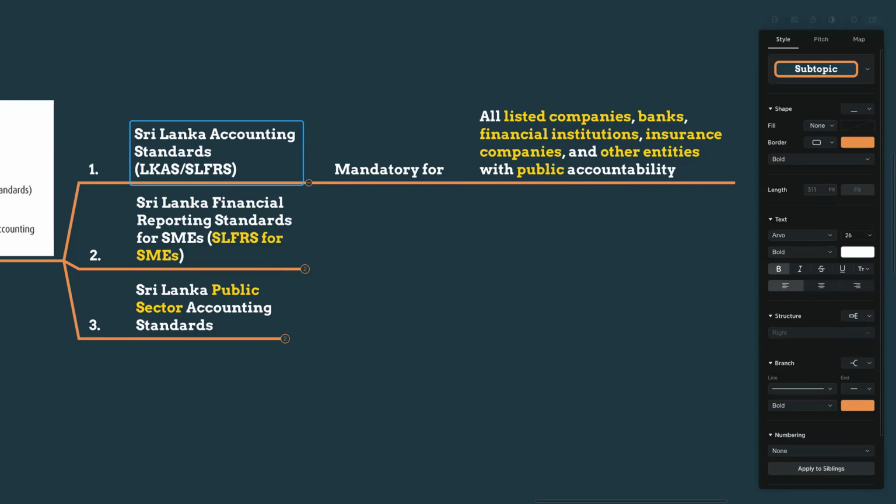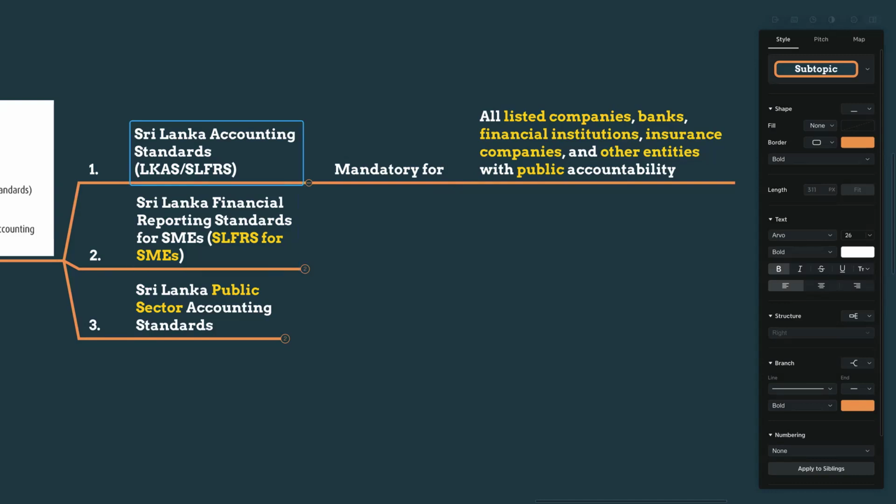There is no exception. That's why the demand for the financial accountant, the demand for the chartered accountants, the demand for the ACCA people is so high, right? So that is the LKS and SLFRS story, right?